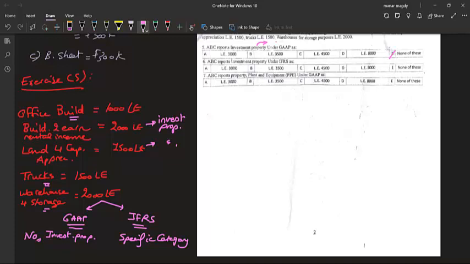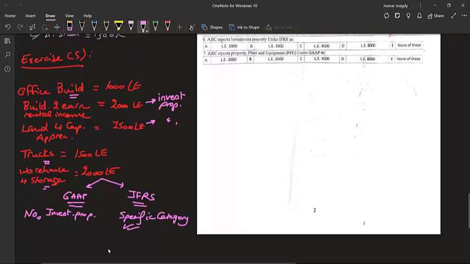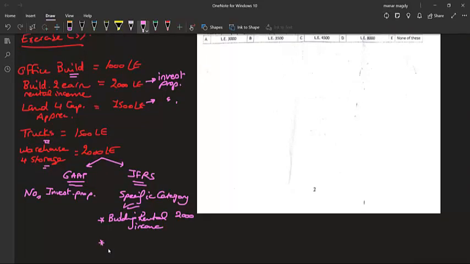And in question number 6, ABC reports investment property under IFRS. Yes, there is a specific category for this, so we're going to add the building to earn rental income, equal to 2,000, plus the land for capital appreciation, 1,500.